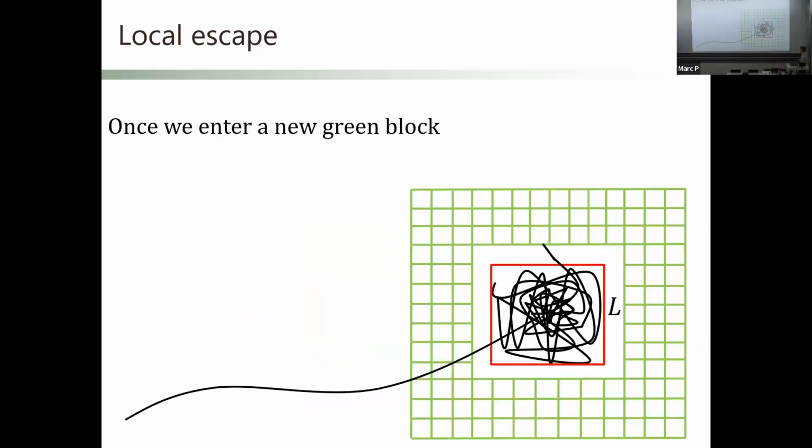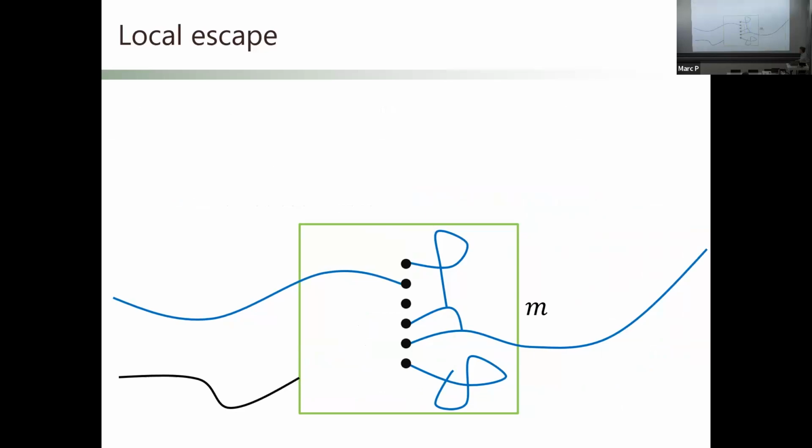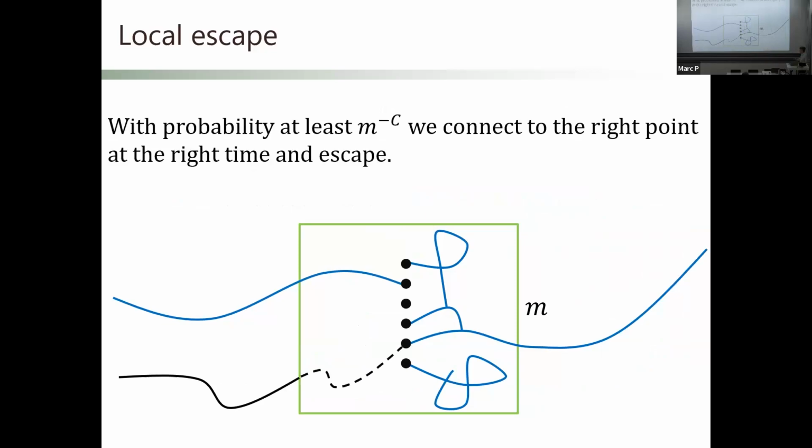So we enter one of these boxes. There's at least one escape route from it with very high probability. And now we haven't revealed anything yet inside this box. So what it does next is just a sort of independent cyclic walk, and there's some chance that it hooks up with one of these escape routes.